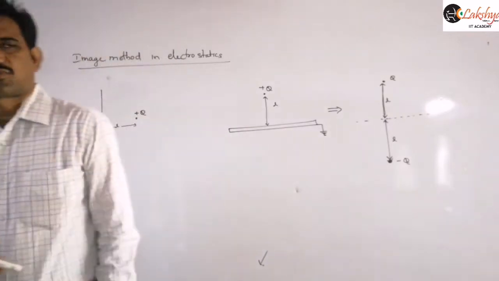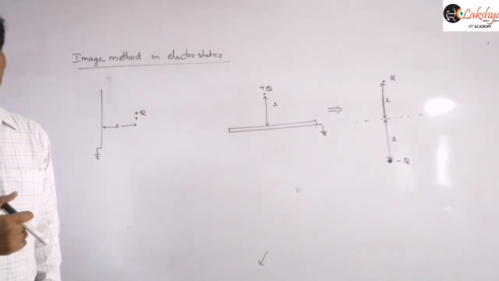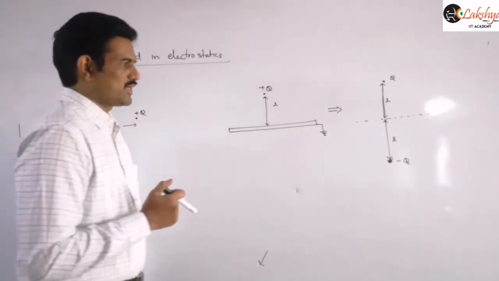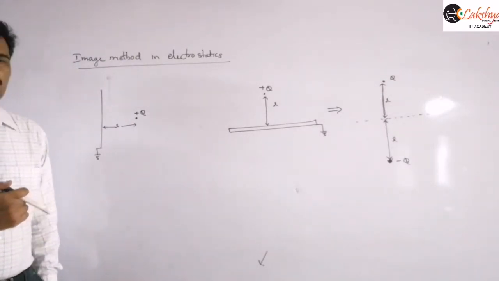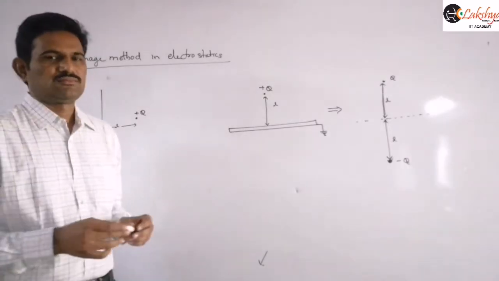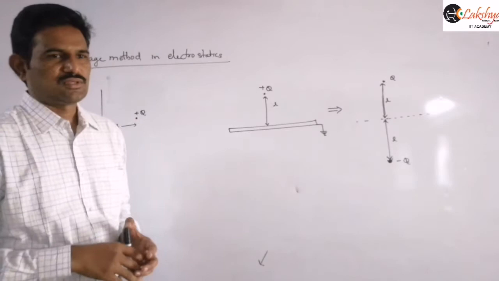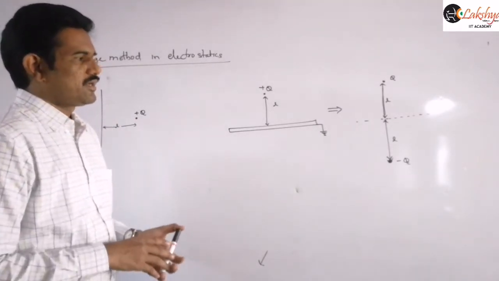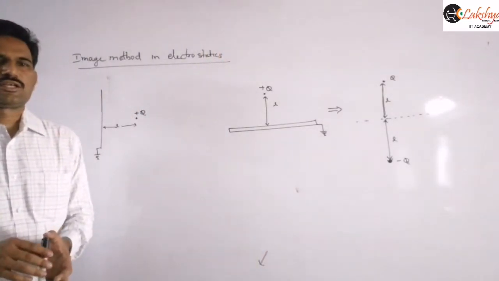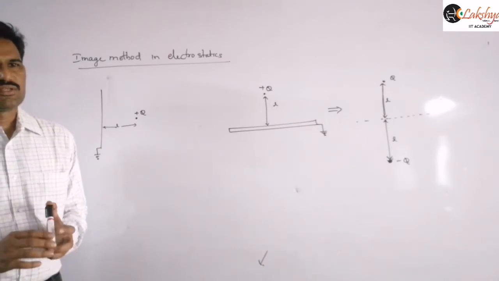In the image method, so first write about this. In the image method, the given charge configuration above a grounded conducting plane is replaced by the given charge configuration itself, comma, its image, and the conducting plate is replaced by an equipotential surface.